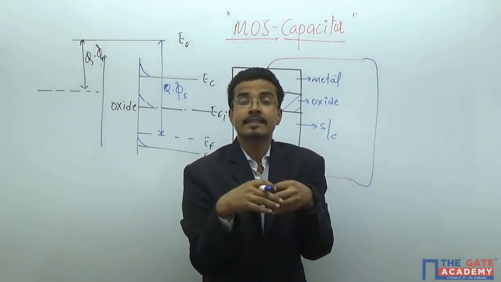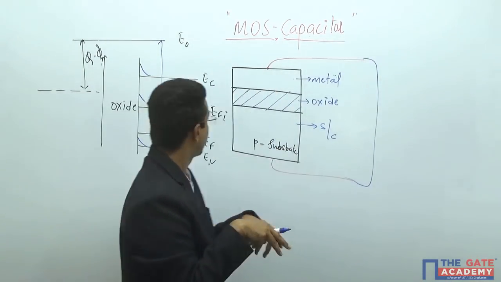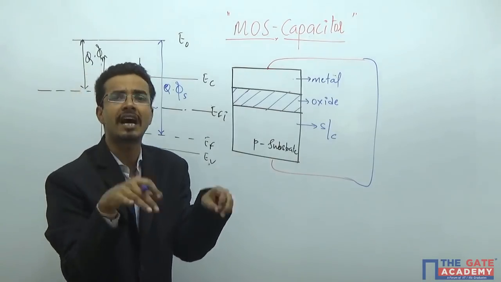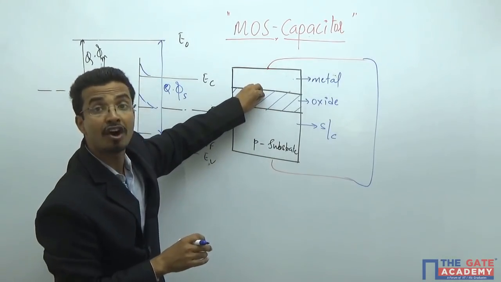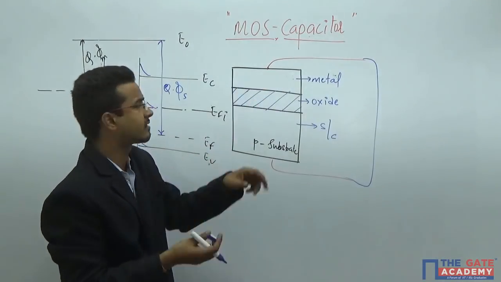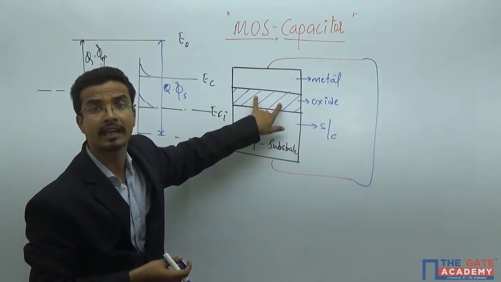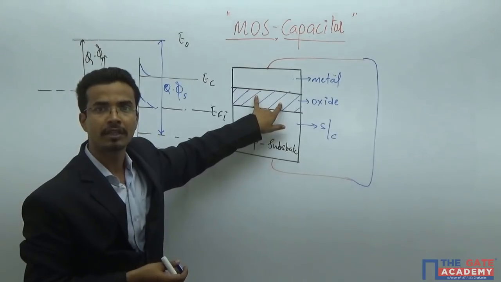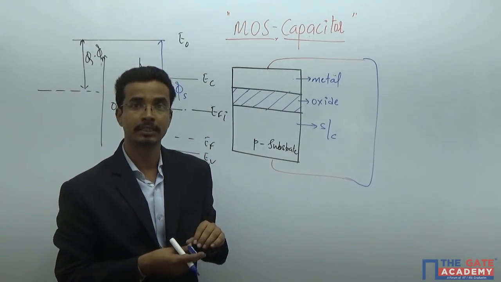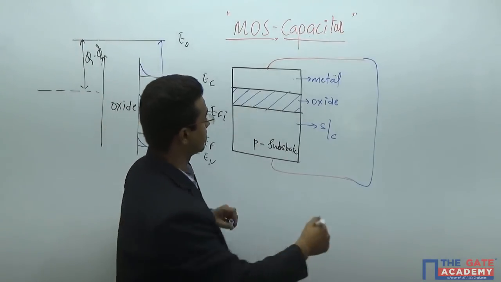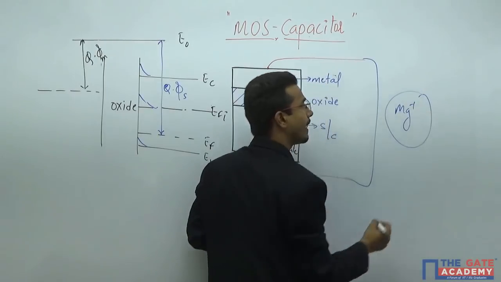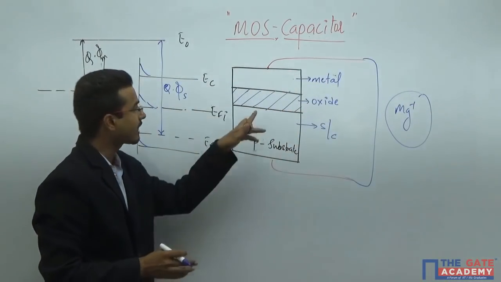Some non-idealities will also come here. During the fabrication process, a lot of charges can exist inside this oxide. During the manufacturing process, many oxide charges can be present, and those charges will always be positive because of mobile ionic charges like Mg plus inside the oxide.